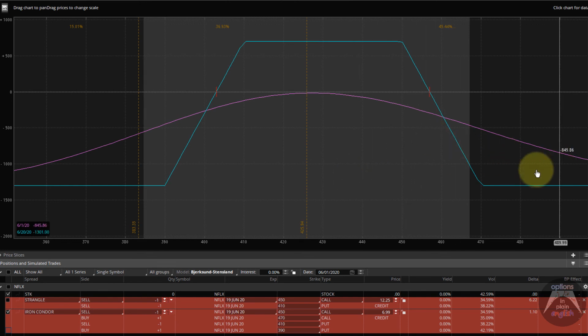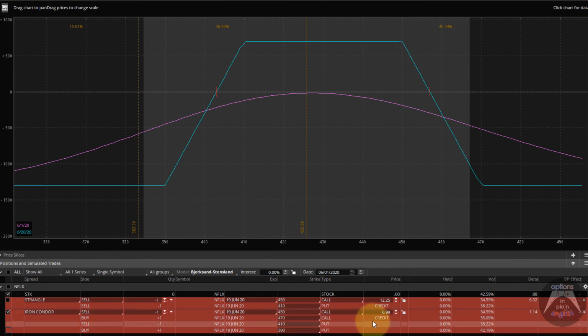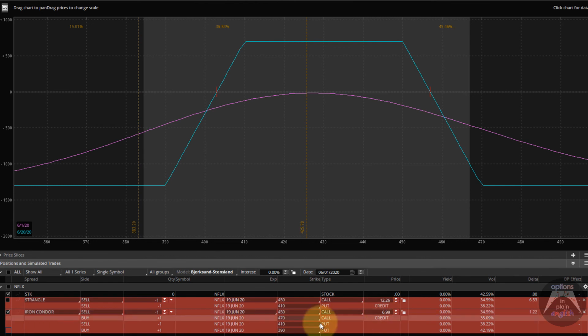In this case, I'm protected on the upside and on the downside, and for that I'm paying a price, and the price is the price of the wings, which reduces my initial credit. So as you can see, these are the differences between a Strangle and Iron Condor.